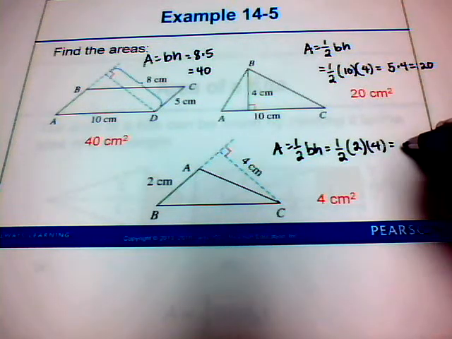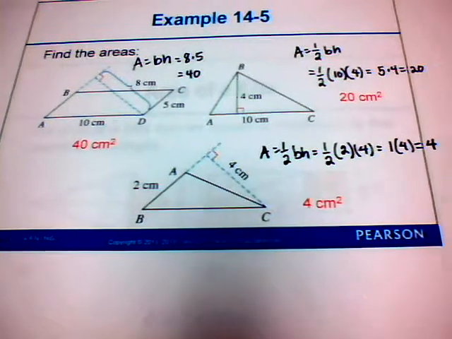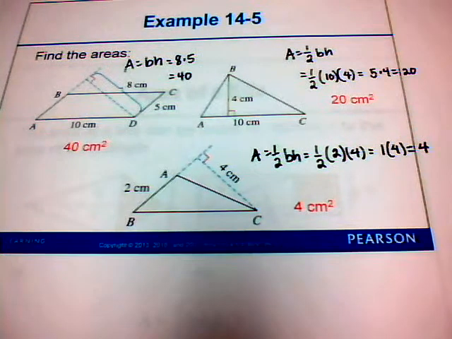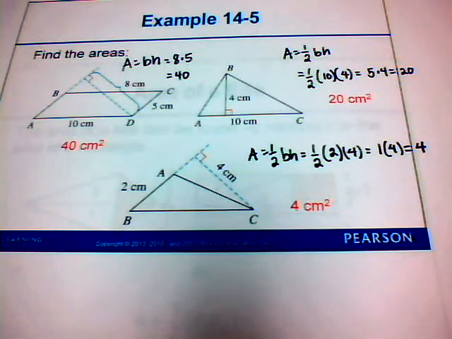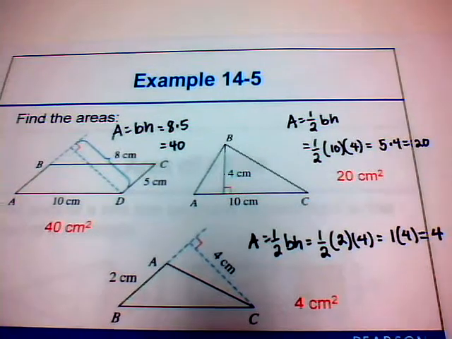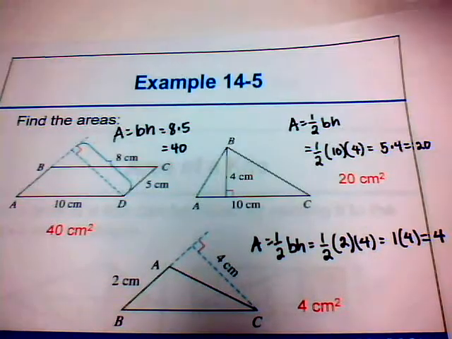So 1/2 of 2 is 1. 1 times 4 is 4. And it'll be 4 square centimeters. So the area of that triangle will be 4 square centimeters. Okay. So that's how we compute the areas of the parallelogram and of the triangle.